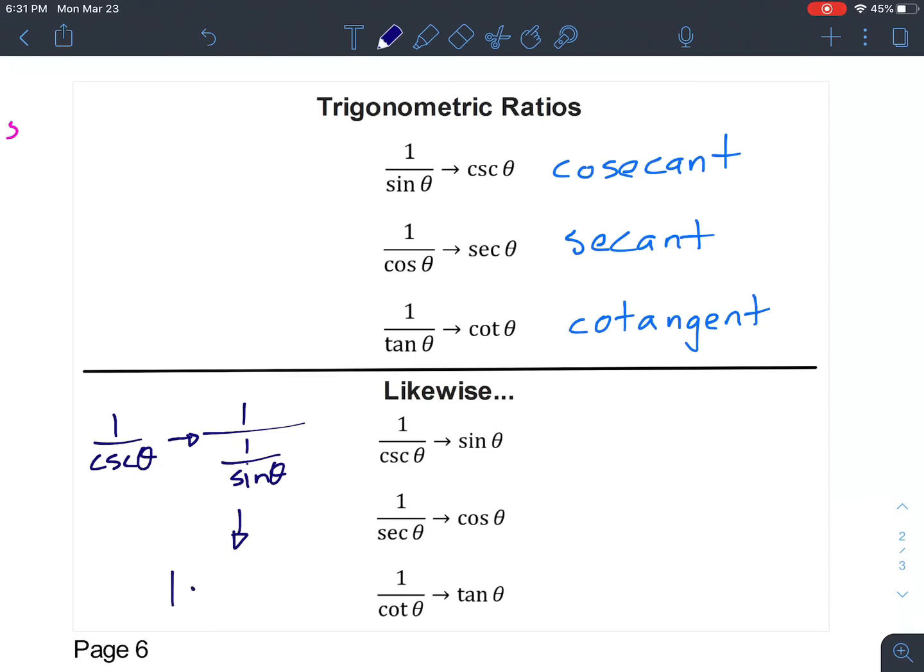And then we can take that 1 in front and multiply by the reciprocal of the denominator. Instead of dividing by 1 over sine, we can multiply by just sine. And then 1 times sine will bring us to sine of theta. So that's why 1 over cosecant is equal to sine theta, and why we also then get the same with those two down there.